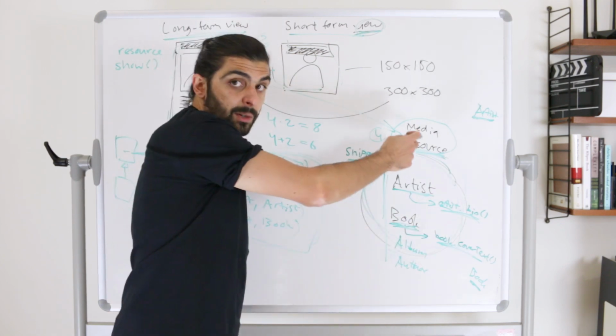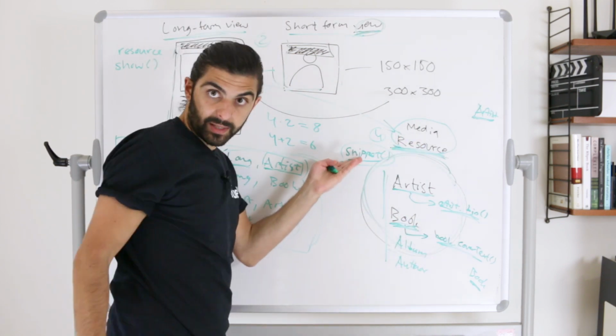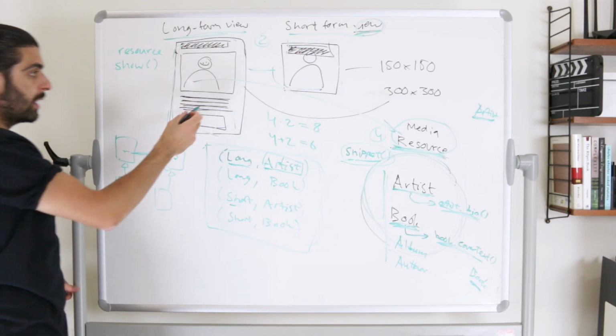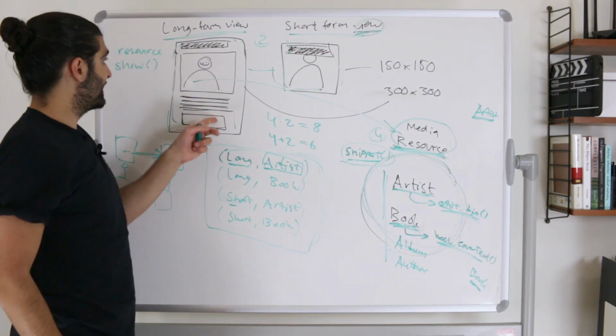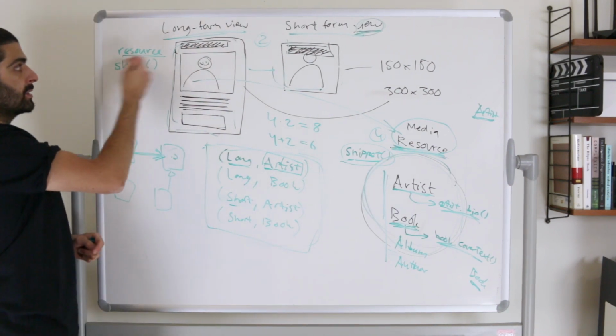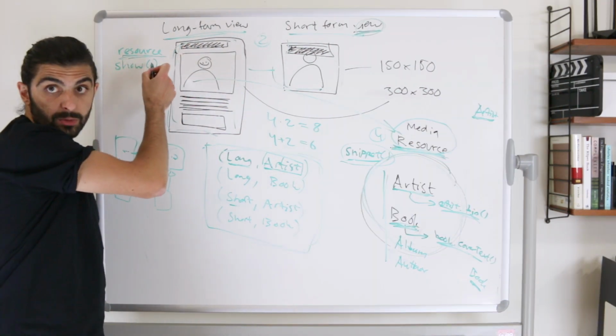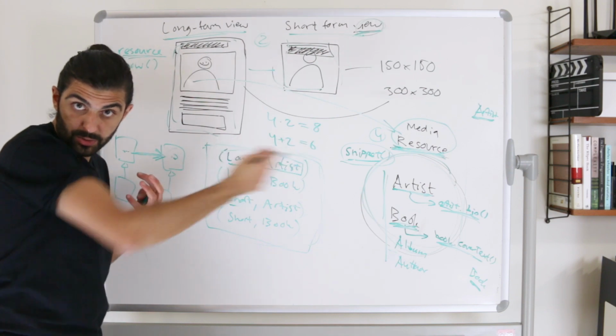But in terms of a media resource, we refer to these as snippets, which means that the long form view, if we talk about it concretely, since it is a view, it has a resource. And since a view has a resource, it can delegate to the resource that it has.